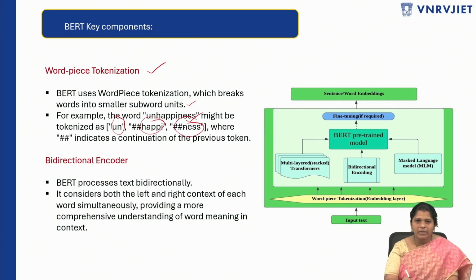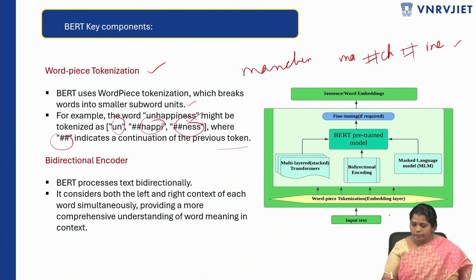Next for happiness it is being considered like this, where the ## indicates a continuation of the previous token. So likewise it is being mapped with the previous occurrence of the term as well as the next term. If I have the word machine also, I have MA as one, next masked by CH, next again masked by NE, and so on.